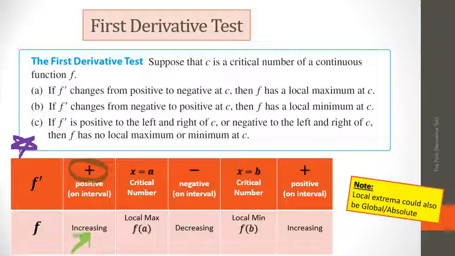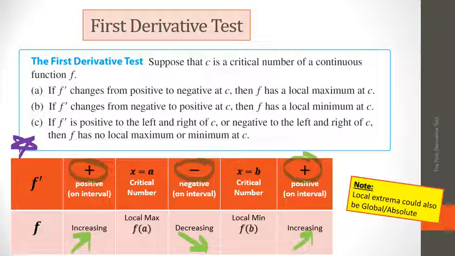It's going up. When your derivative is negative, your original function is decreasing, or going down. And again, positive, increasing. Does there have to be a sign change in the derivative? No. You could have positive followed by positive, and that's okay. You just won't have a max or min between those intervals, and that is totally fine.